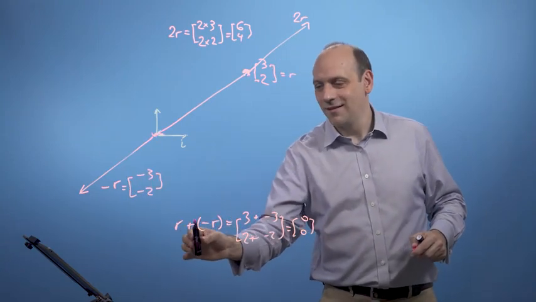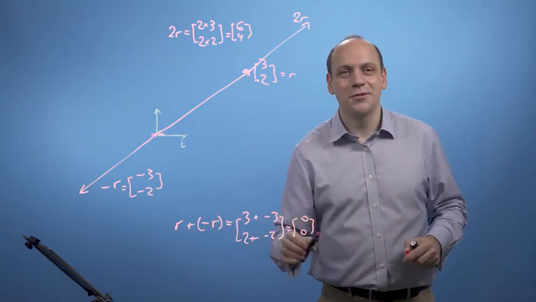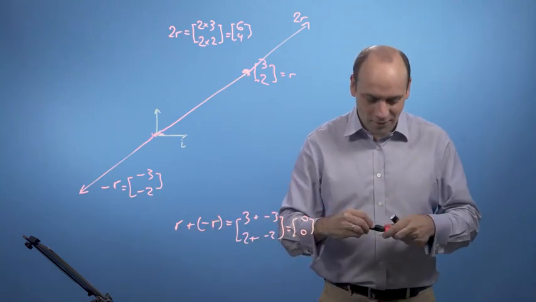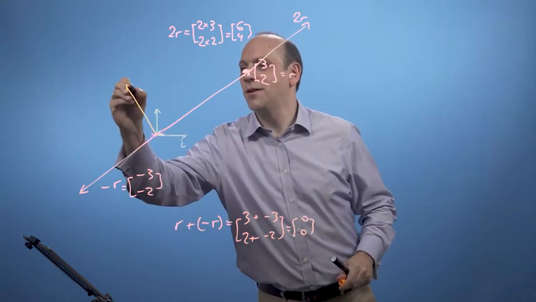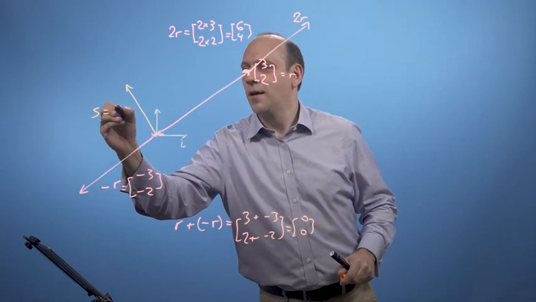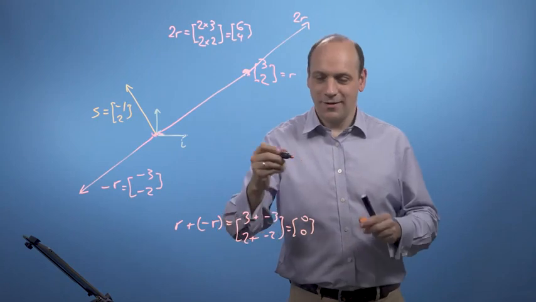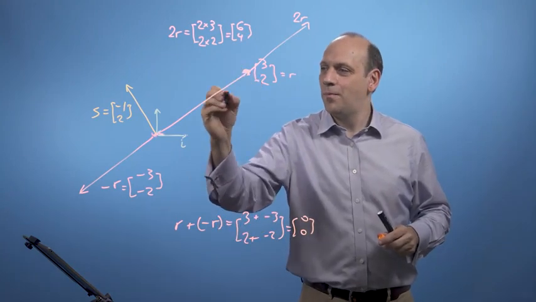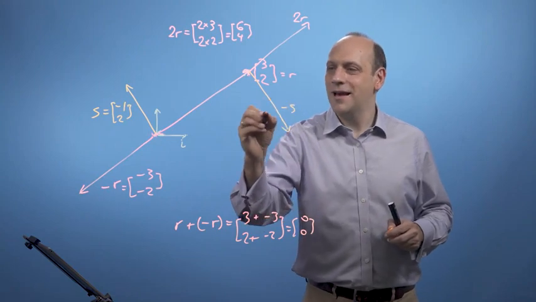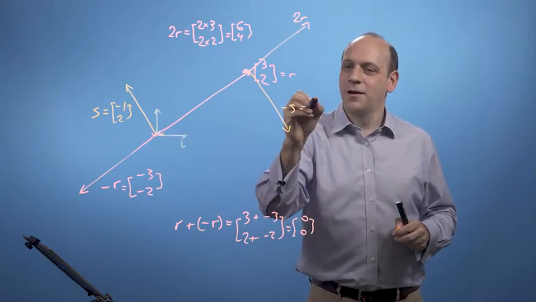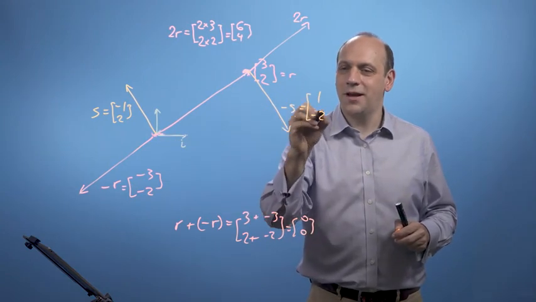Vector subtraction is just addition of minus 1 times whatever I'm putting after the minus sign. So if we think of another vector s, we had s was minus 1, 2 before, right? Minus 1 i plus 2 j's. Then r minus s would be this. So minus s is go along 1 on the i's and minus 2 on the j's.